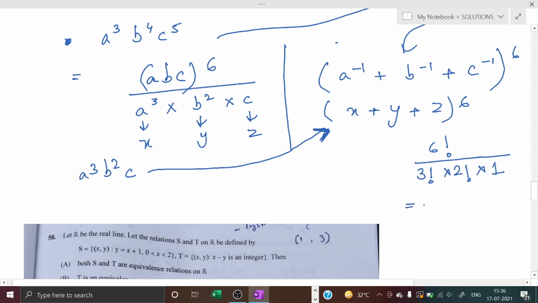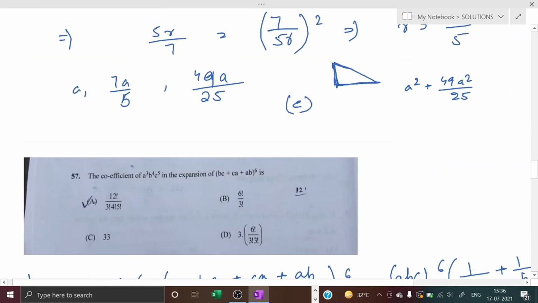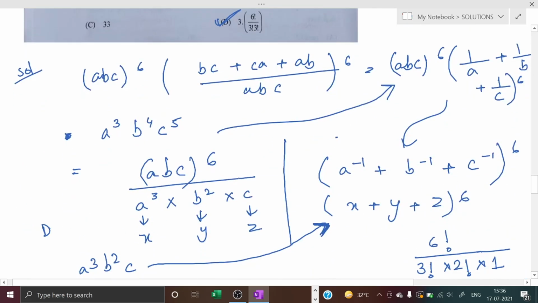So that would be equal to 6 factorial by 3 factorial into 3 factorial according to the options. So option A is wrong. Option D is the correct option. Okay, D.